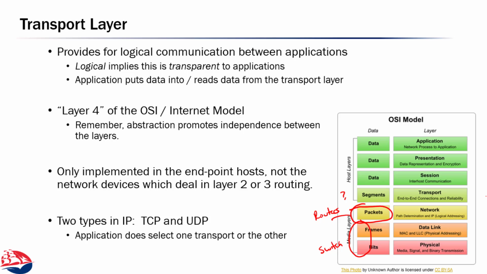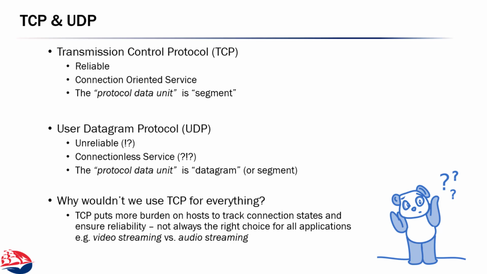We still haven't really talked about exactly what the transport layer is supposed to do. So the transport layer is supposed to move data from an application into the lower level network stack or back again. And there's a couple of different approaches that we can take. The two most common are TCP and UDP, and these are part of the Internet Protocol, or IP.